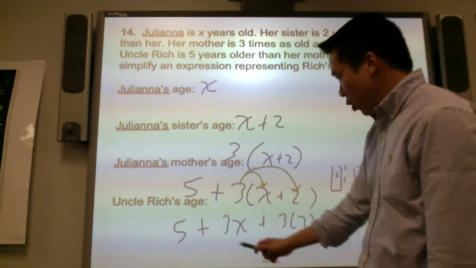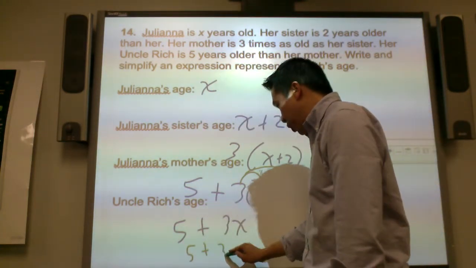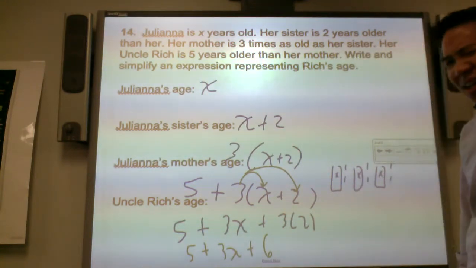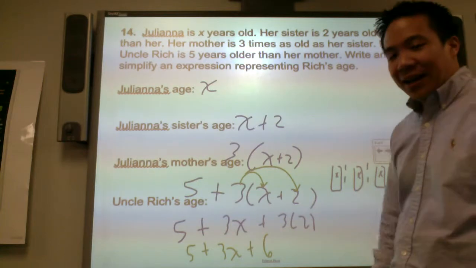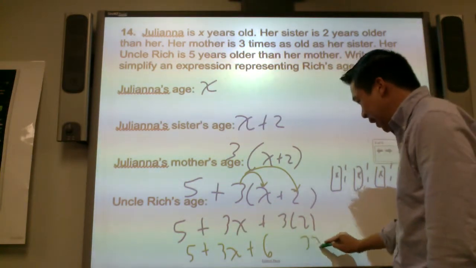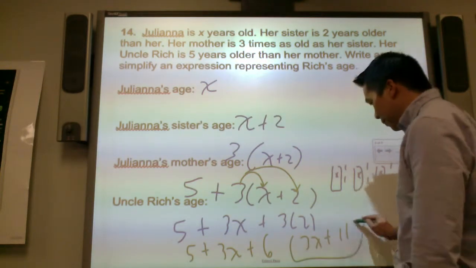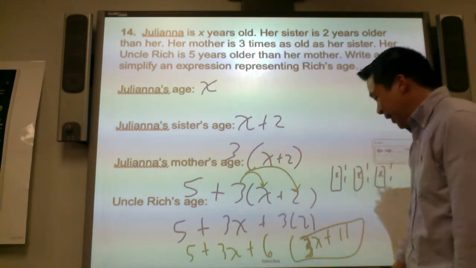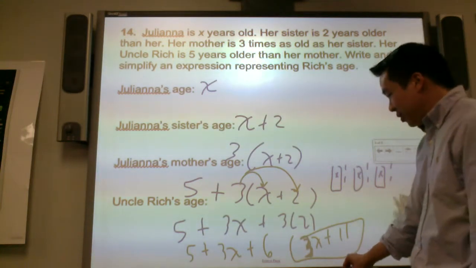So we have 5 plus 3x plus 3 groups of 2. What is 3 groups of 2? 6. Can we collect or group any terms here? 5 plus 6 is 11. So 3x plus 11.